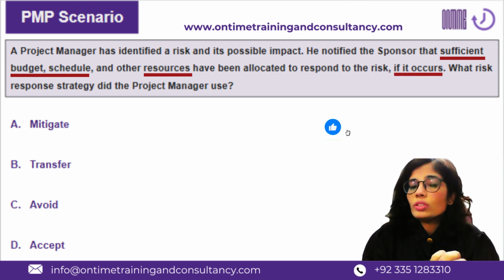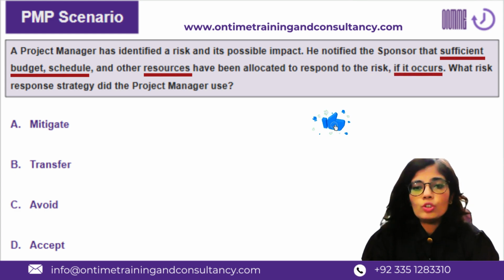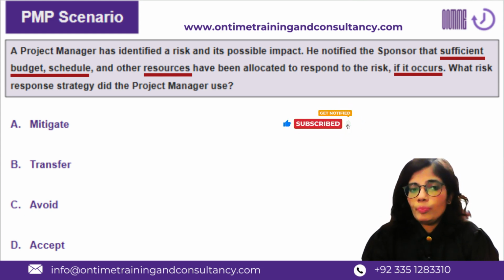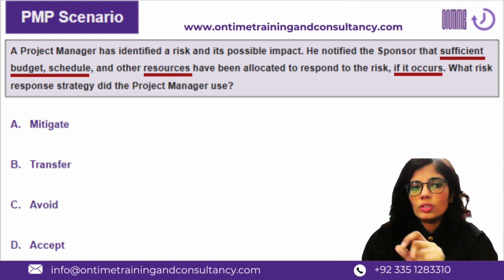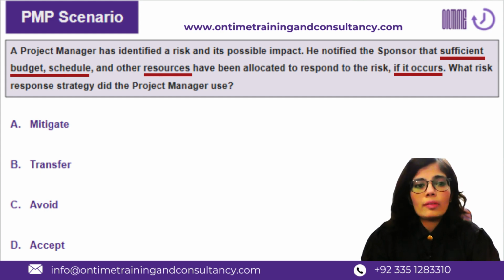That is the most important key terminology over here. This statement, "if it occurs," is going to lead you to the right answer. And the question is asking about the response strategy that most suitably applies.